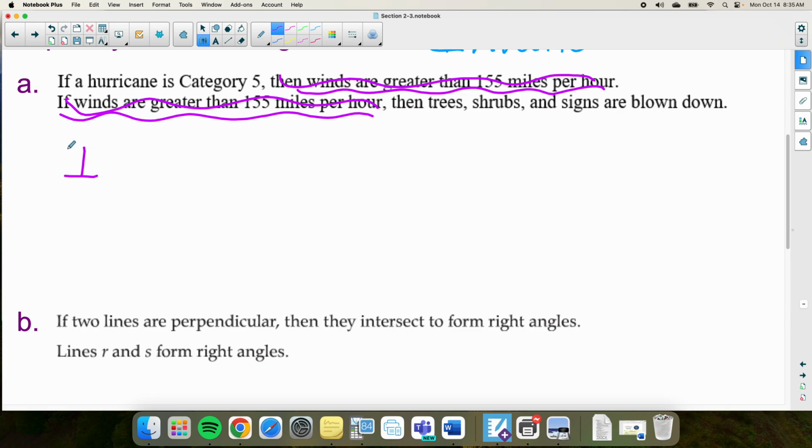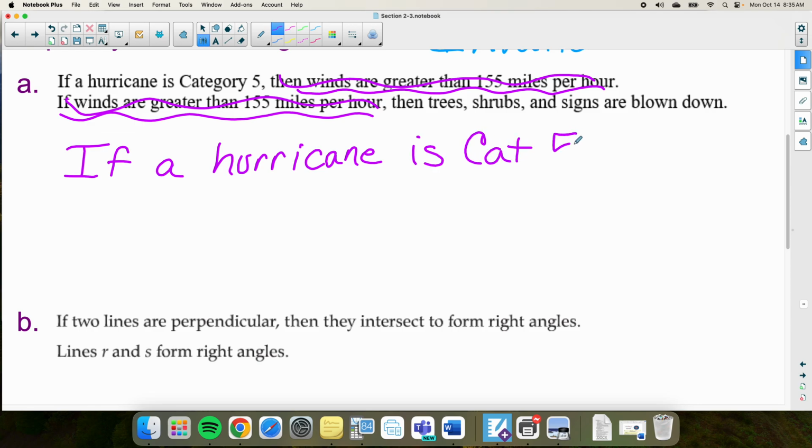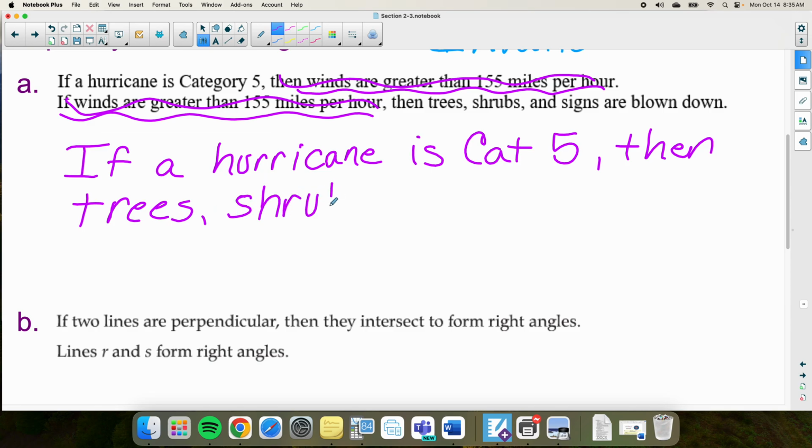So your conclusion would be, if a hurricane is category 5, then trees, shrubs, and signs are blowing down.